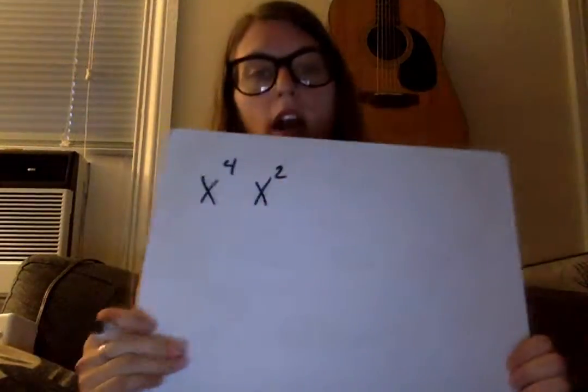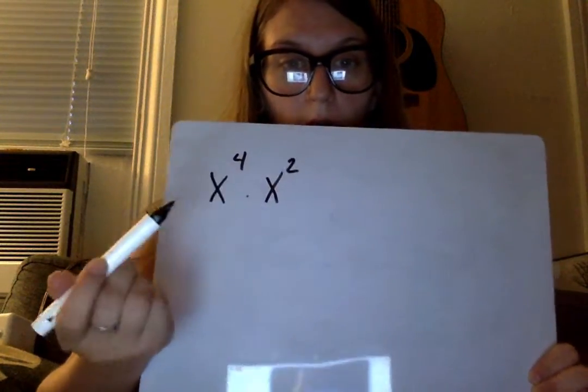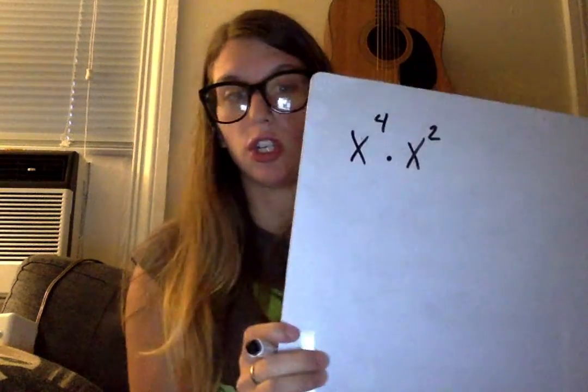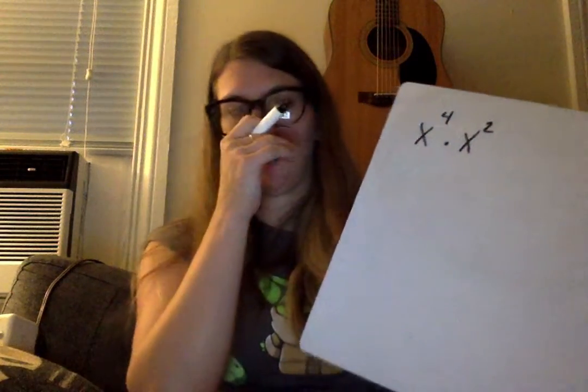So if I had x to the 4th times x squared, I do not multiply these together. If it's simple multiplication, and it doesn't even need a little dot in the middle, if it's just x to the 4th and x squared, you're just going to add them. And you're going to get x to the 6th.